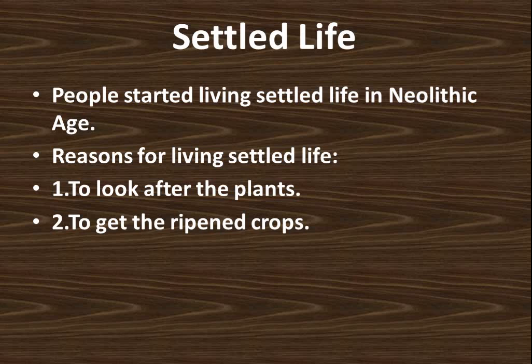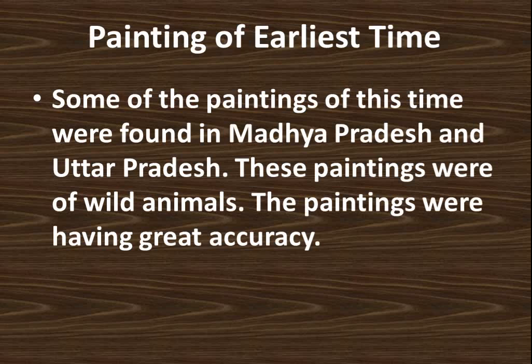So at that time also, to look after the plants, they started settled life. Also to get the ripened crop, the crops that were ripened, पकी हुई. For that they started living a settled life.